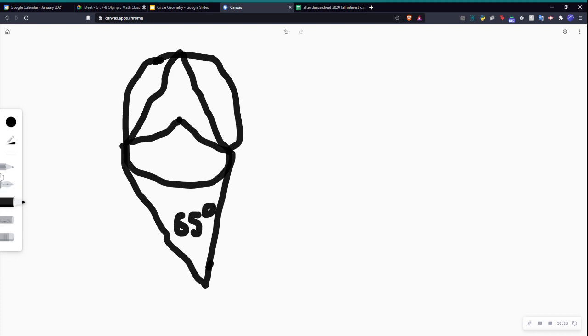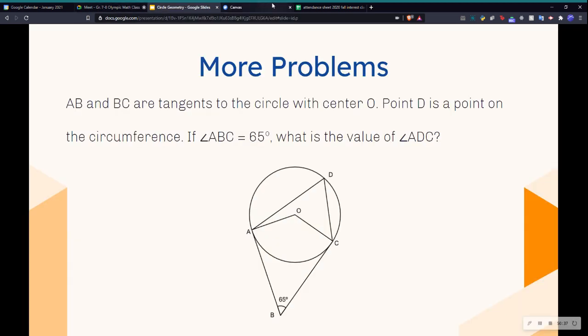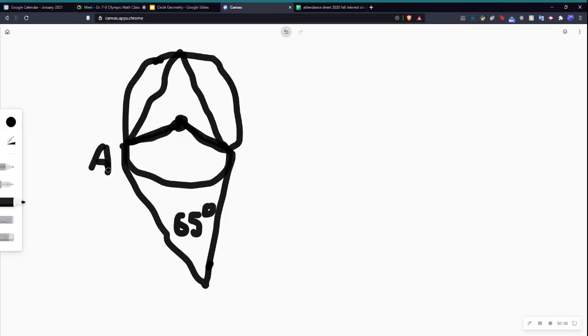Okay, so this is just an angle chasing problem, and we're going to have to use a couple of circle theorems here. The first one we're going to use: remember that we have some tangent lines. This is point A, B, C, and call the center O. We have AB and BC, which are tangent lines, and tangent lines are always perpendicular to the radius of the circle.